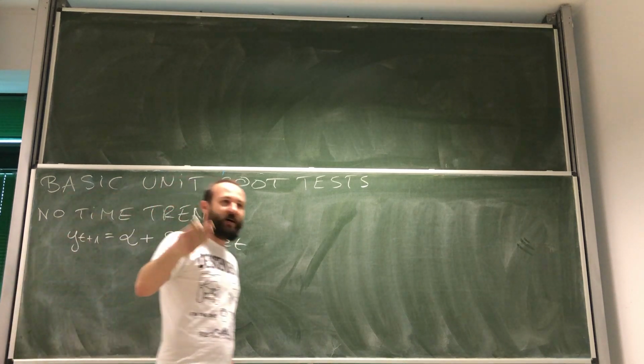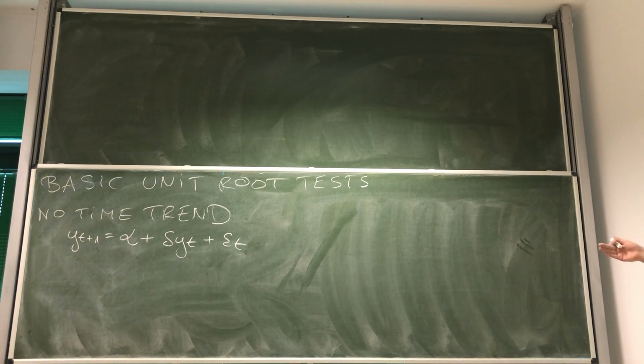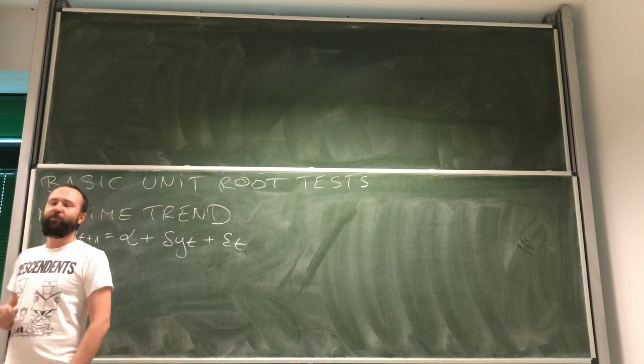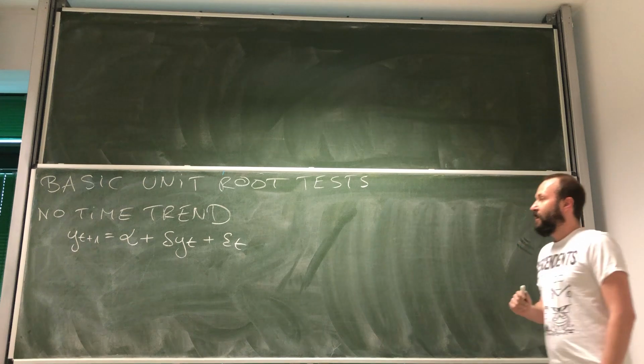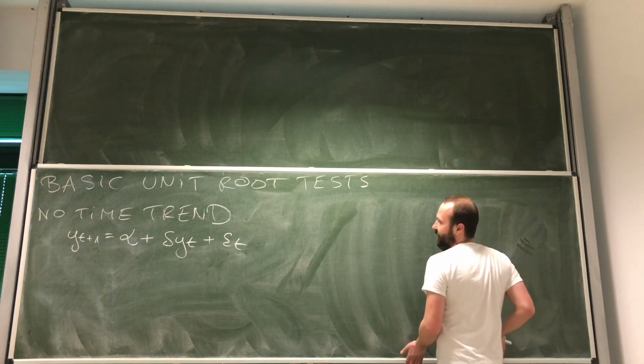This is the same random disturbance we were considering previously, right? So we're assuming that it comes from a normal distribution with zero mean and constant variance. Okay, let's look at this specification.